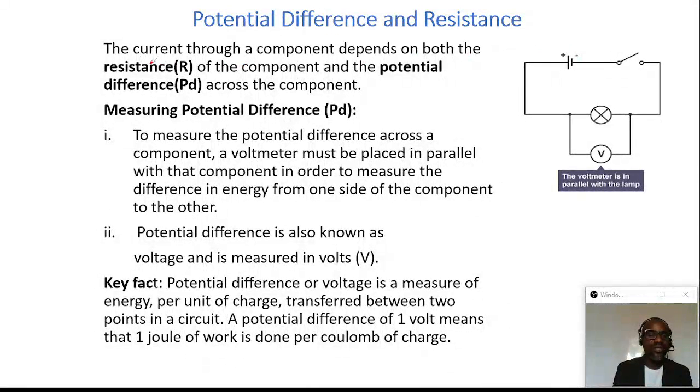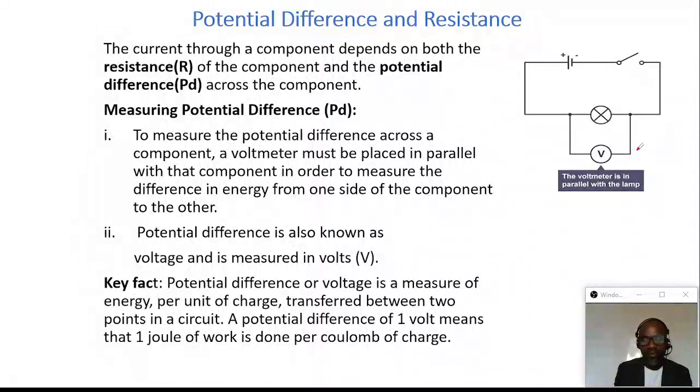So we are going to look at how the current through a component depends on both the resistance R of the component and the potential difference PD across the component. I repeat, the current through a component depends on two factors: the resistance R of the component and the potential difference across the component.